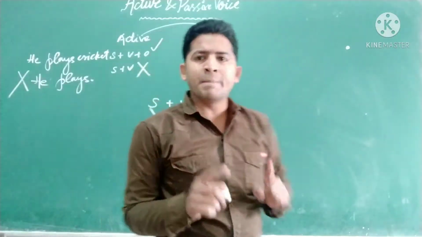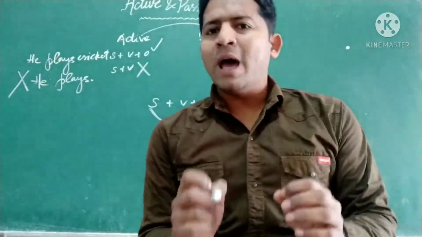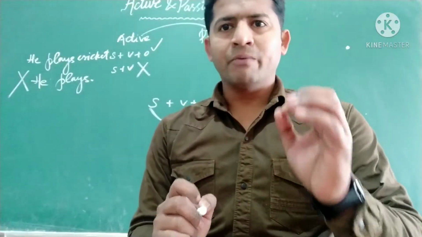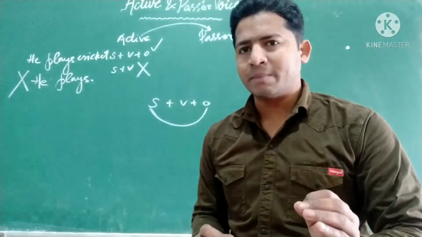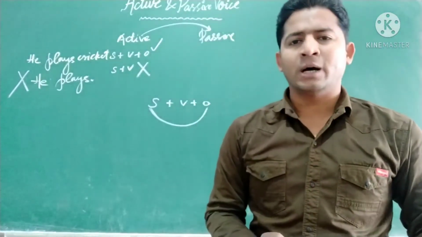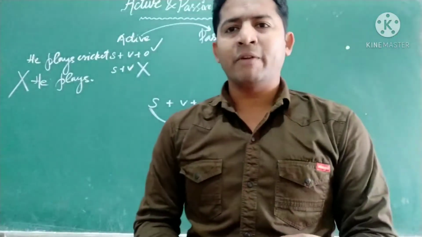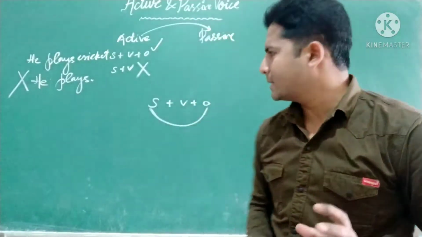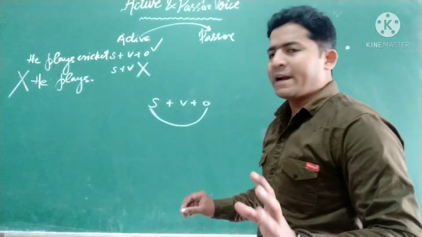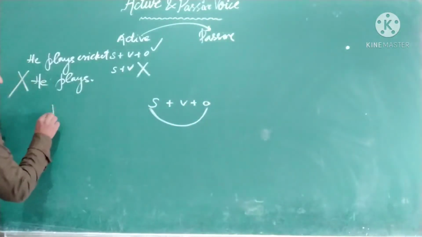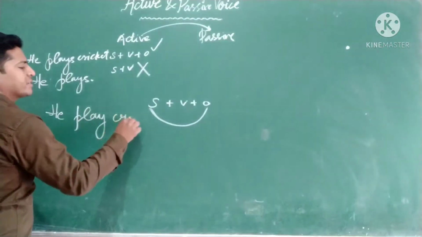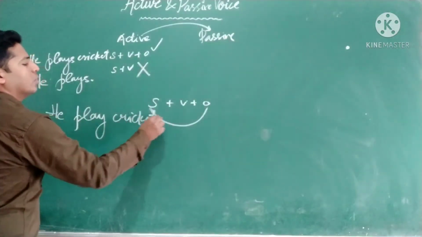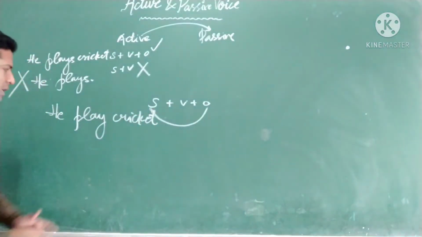For that, you will have to find out the subject, verb and object. In the last session I told you how to find the subject. If you haven't viewed that video, please go through it. You will understand how to find a subject in a sentence. Let's take an example: He plays cricket. The first step is to find out the subject, verb and object.